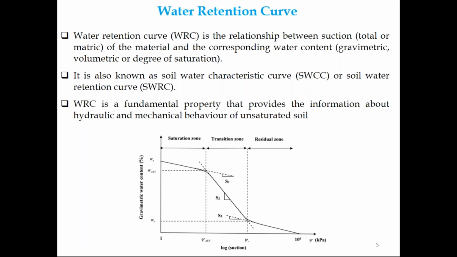Desaturation means the water is flowing out of the soil, and the water content decreases as the suction increases. And in the residual zone, a large suction is needed to remove a small quantity of water from the soil.